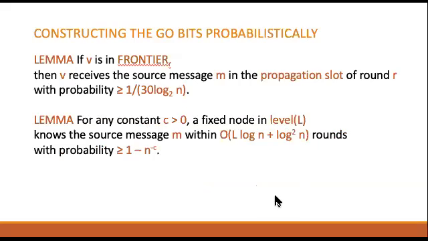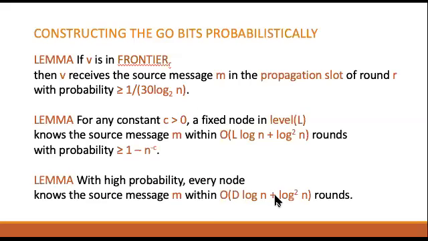Then, by a Chernoff bound, there's a high probability that any particular node in level L knows the source message within O of L log n plus log squared n rounds. Finally, by a union bound, with high probability, every node knows the source message within O of d log n plus log squared n rounds.